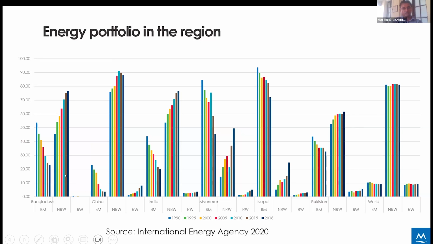You can see one column, two, three columns, and this is Bangladesh, China, India, Myanmar, so these countries. Regardless of where you are, if you combine those two, you can see the picture, meaning we're using very much the polluting source of energy. And for our sustainability agenda, we need to be thinking about how we can replace this polluting source of energy with clean sources of energy.